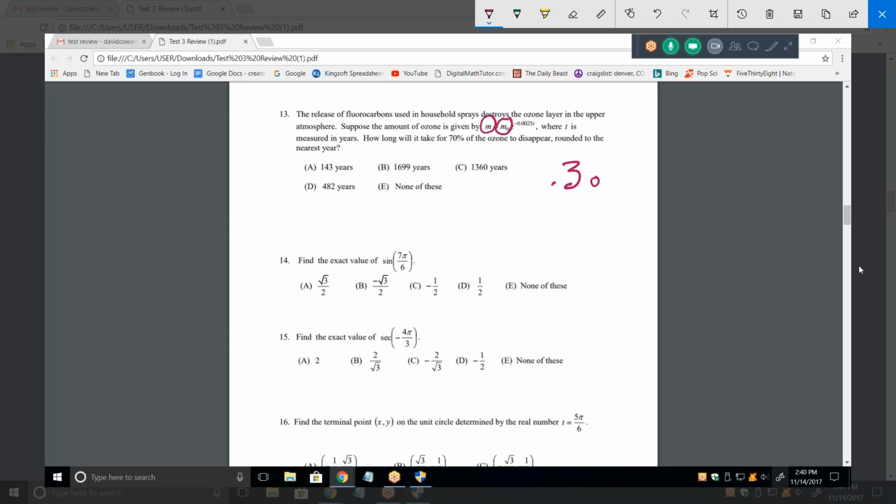And let me just spell it out here because this isn't super clear yet. The initial ozone is this. They're saying it's e to the minus 0.0025 t. Correct? Yeah. Now notice that I can divide each side by ozone.